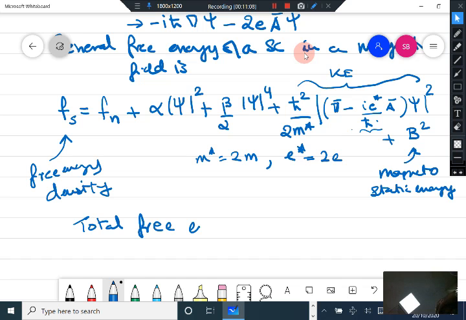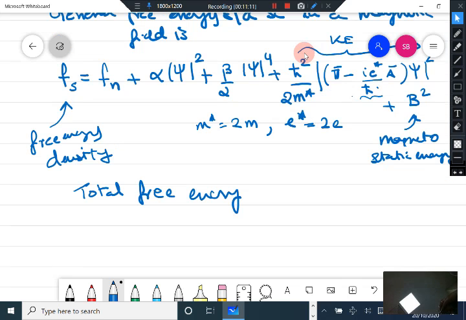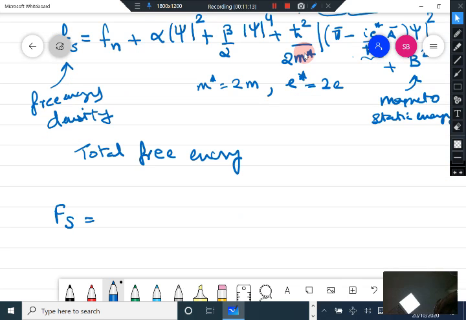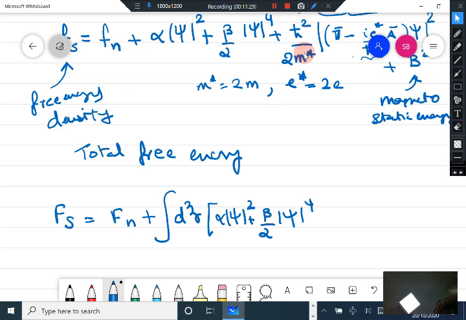The total free energy is integrated over the volume, and the total free energy of the superconductor is the free energy in the normal state plus the integral of d cubed r of alpha mod psi square plus beta by 2 mod psi raised to 4 plus h cross square by 2m star, the kinetic energy term, grad minus i e star by h cross A psi the whole square, plus B square.